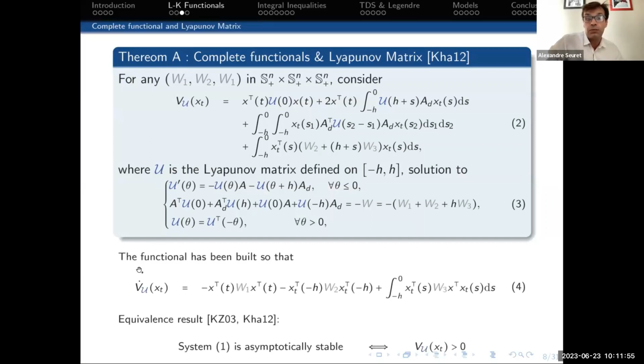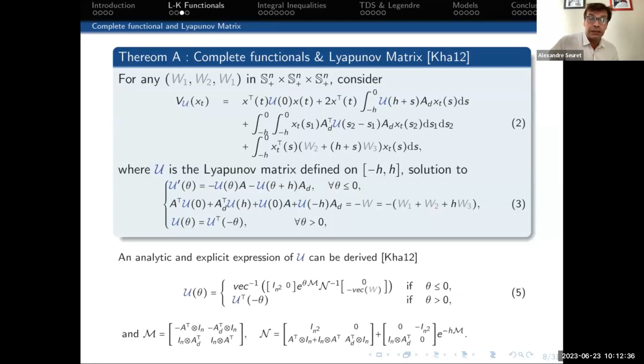It has been built to satisfy the condition that the derivative of the Lyapunov function has to be negative, and integrating the functional, you end up with this formulation with a U matrix that verifies this condition. What is really nice is that it is an equivalent result: if the time delay system is asymptotically stable, then this functional V of U has to be positive definite for all possible state vectors.